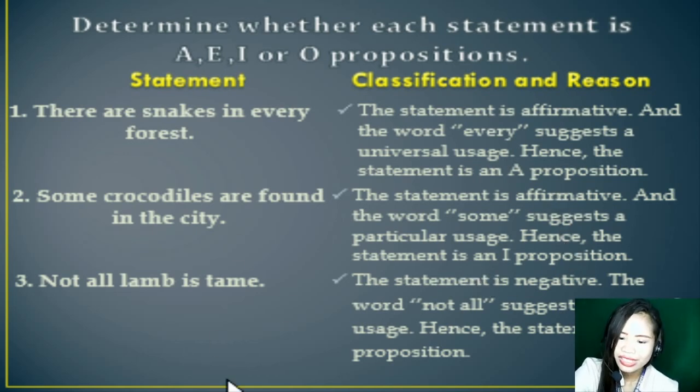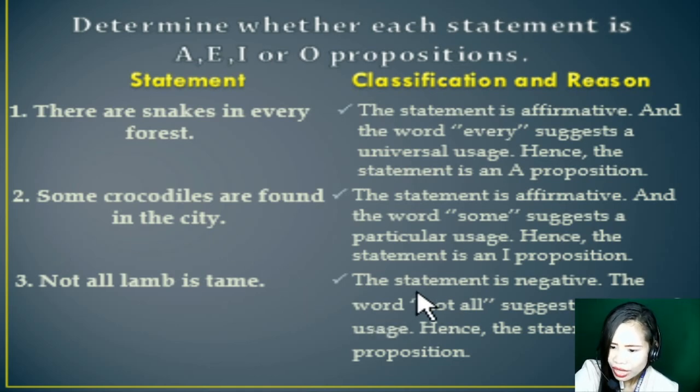Last statement. Not all lamb is tame. How will we consider this? As you can observe, we are using not. So it's very clear that it is already a negative proposition. But is it affirmative or universal?